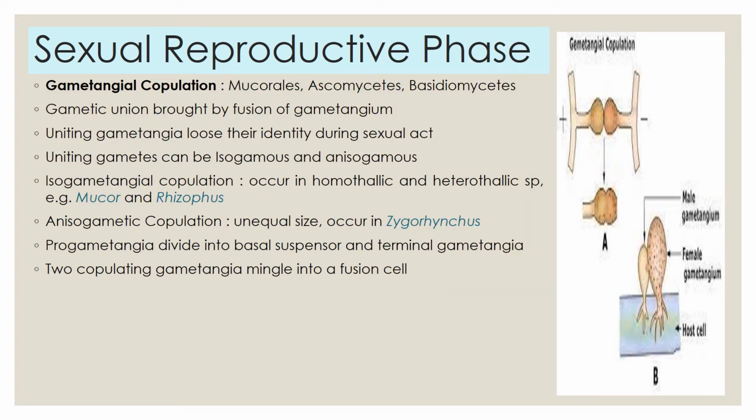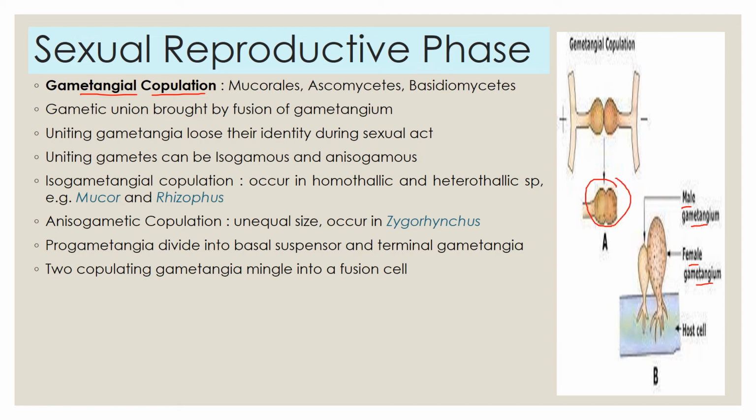Then there is the gametangial copulation. Now, in this type of reproduction, both the male and the female gametangia lose their identity and fuse into a cell. This is the fusion cell.